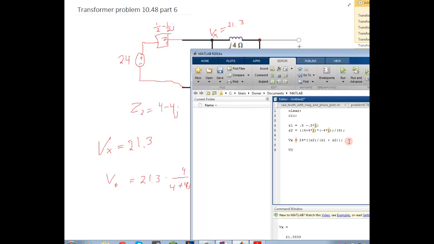So V out equals 21.3 times 4 divided by 4 plus 4j.